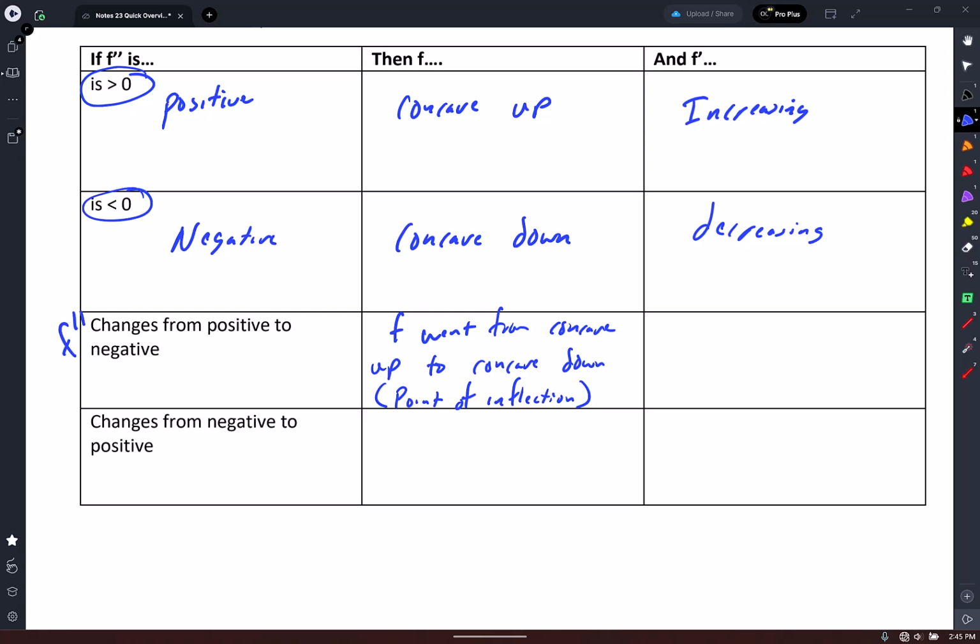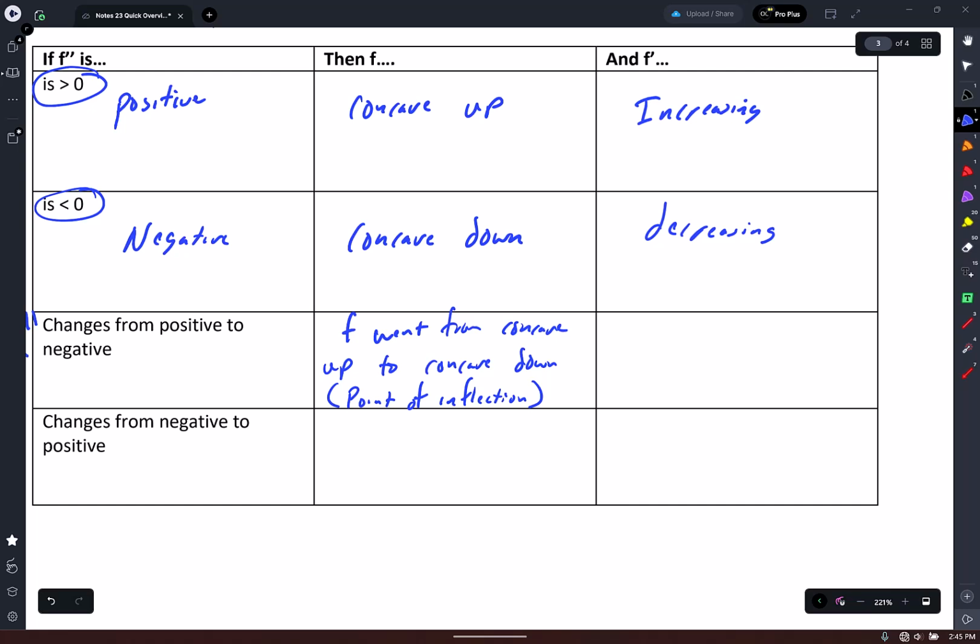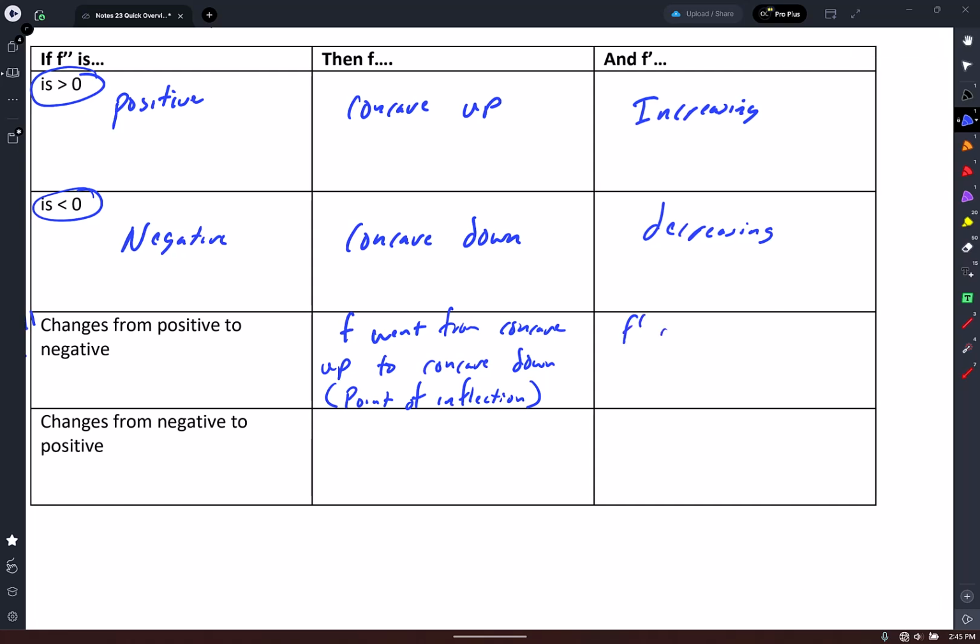F prime goes from increasing to decreasing, and in parentheses, relative max. Make sure that you know that it's a max on f prime, not a max on f. Because it went from increasing to decreasing. I was going up, I was going down. That's a max, but on the f prime graph. Do you guys see that?